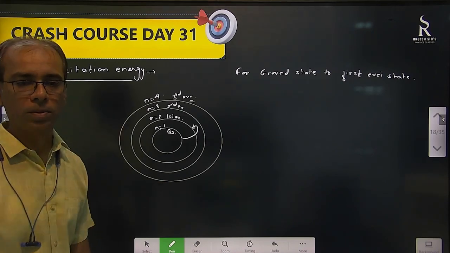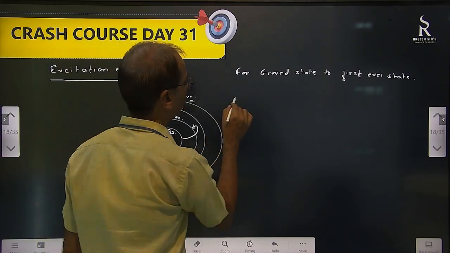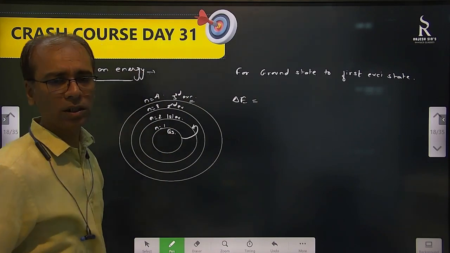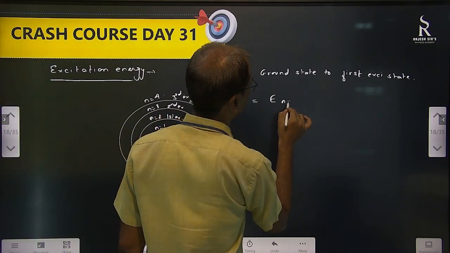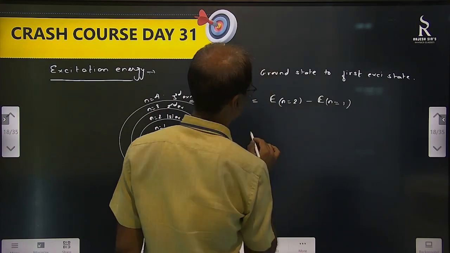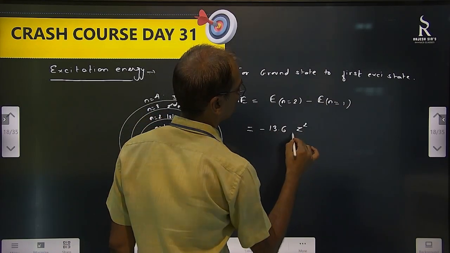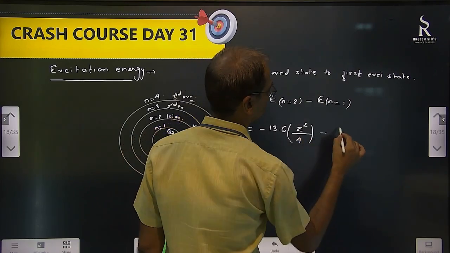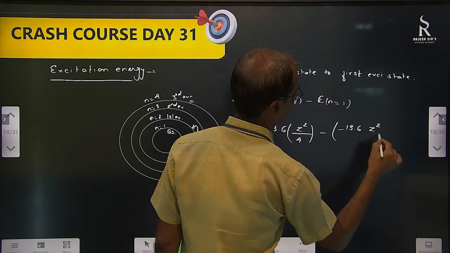Let's talk about the absorption spectrum. You are exciting it from ground state to first excited state. So how much energy is required? The delta E, final energy minus initial energy. So energy of n equal to 2 minus energy of n equal to 1. So what we have here: minus 13.6 Z square by 4 eV minus 13.6 Z square by 1 eV.